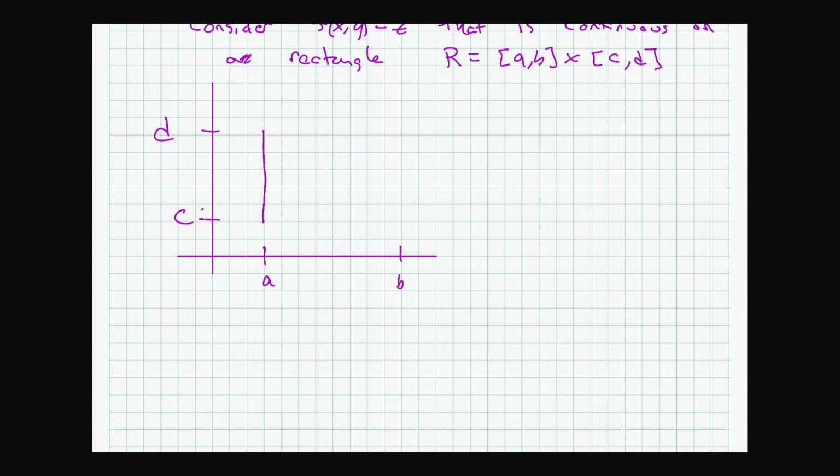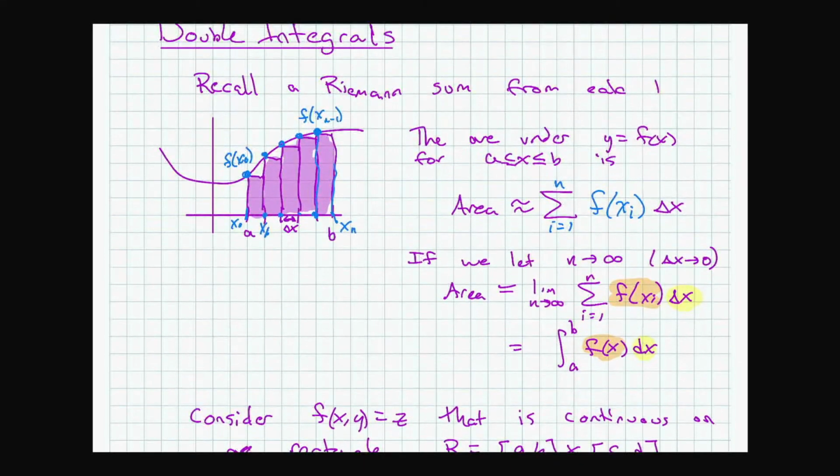Oh, come on. We can make a better rectangle. Okay. So we got our rectangle here, right? And then what we're going to do is chop that rectangle up in pieces, just like we chopped the interval up here into pieces. So like here you had a, and then we chopped that up into a certain number of pieces.